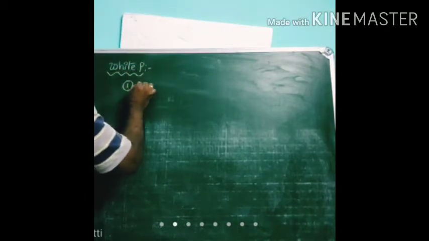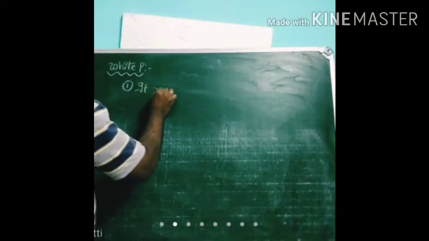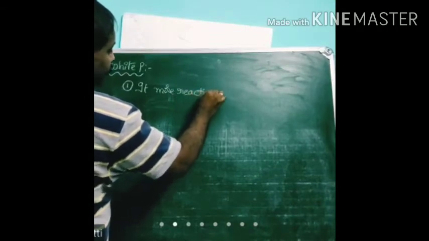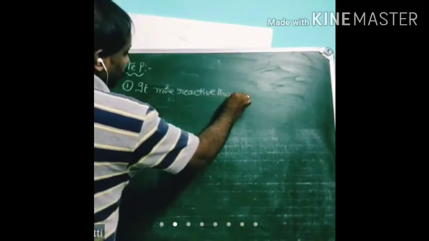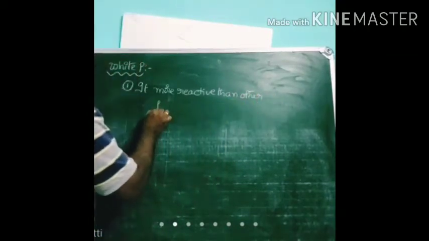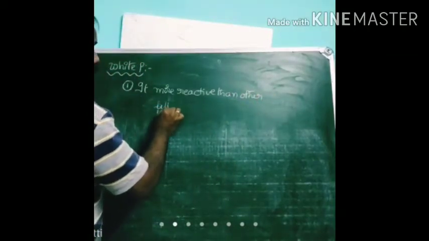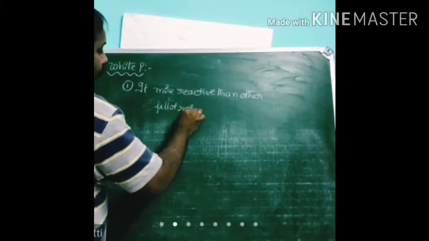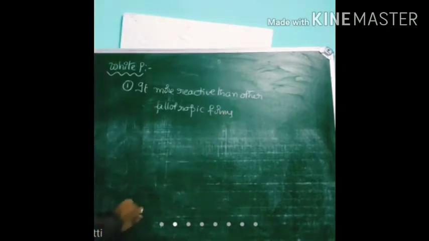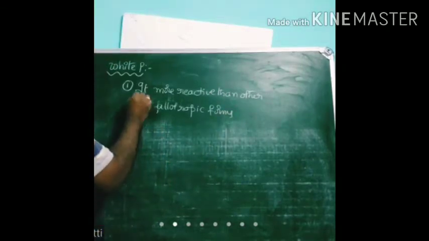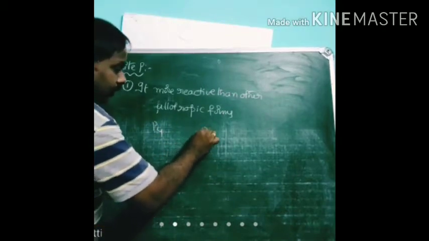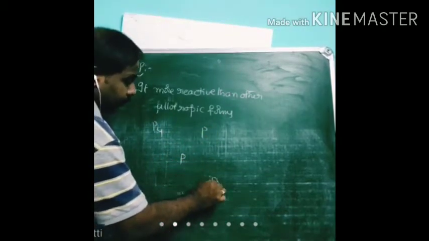It is more reactive than other allotropic forms. Why is it more reactive than other allotropic forms? The reason is that white phosphorus exists in the form of P4, nothing but it consists of 4 phosphorus atoms.